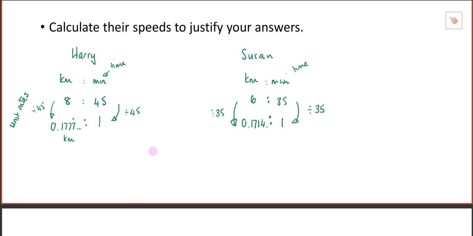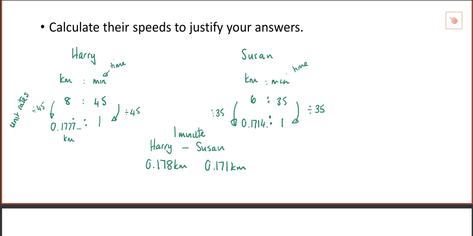0.1714. So then we compare those two things, Harry and Susan, and we say in 1 minute, Harry goes 0.178 kilometers, and Susan goes 0.171 kilometers.